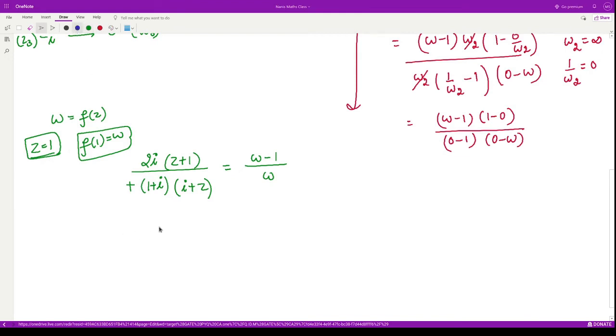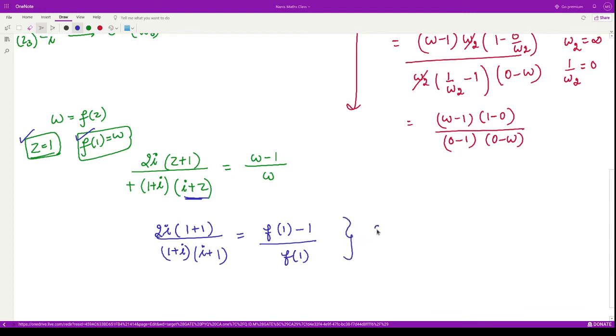So 2 iota, as such, the value of z is 1, plus 1 divided by 1 plus iota, and then here iota plus the value of z, which is 1. We are making these substitutions, and the value of w we are calling f of 1, minus 1 divided by f of 1. From here you have to simplify and calculate the value of f of 1.